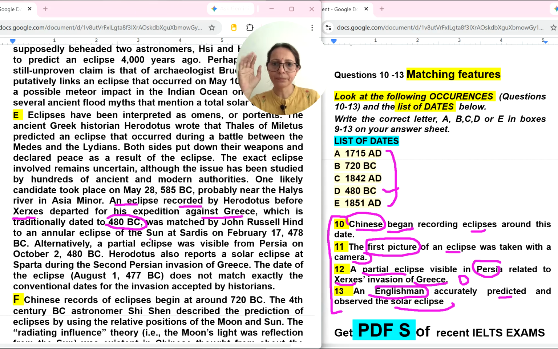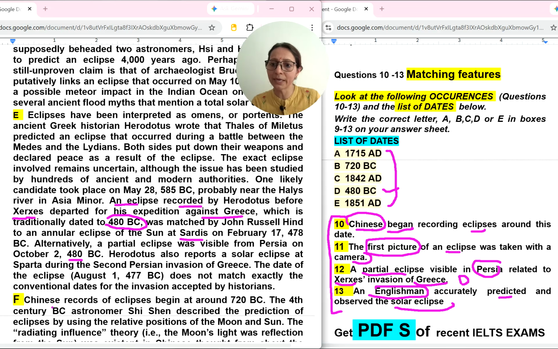Okay, got it. But 480 BC is given here also. Is the Sardis word given or not? No. 478. Alternative, a partial eclipse was visible from Persia. Okay, partial, yes, same. Same is there, no need to read it more.